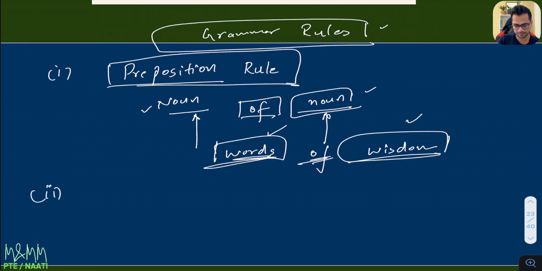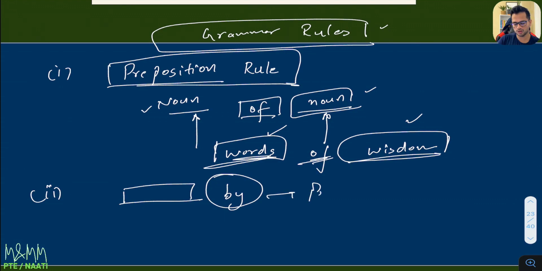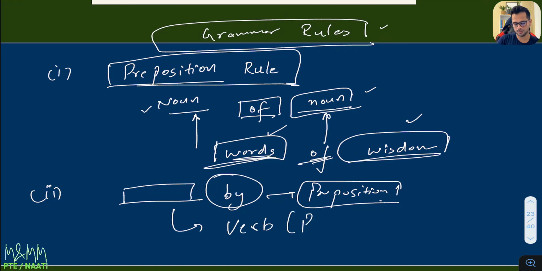Another one would be dash by. Now by, we all know it's again a preposition. Now if you see a blank right before the word by, it is always going to be a verb in the past tense.